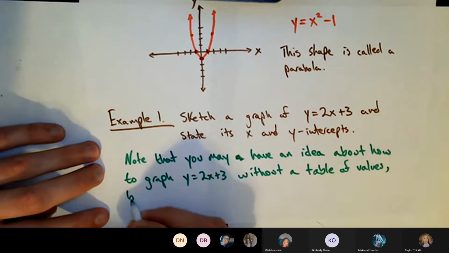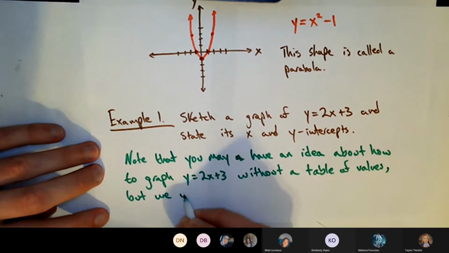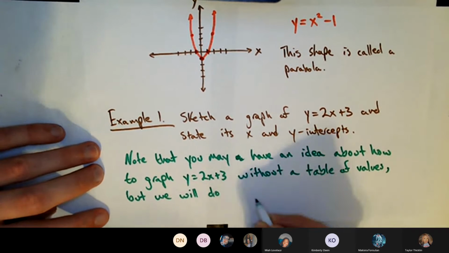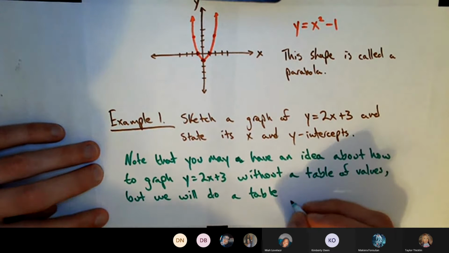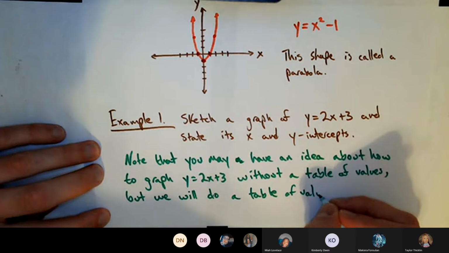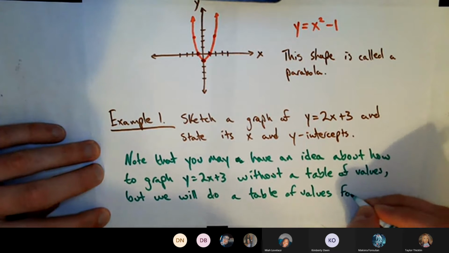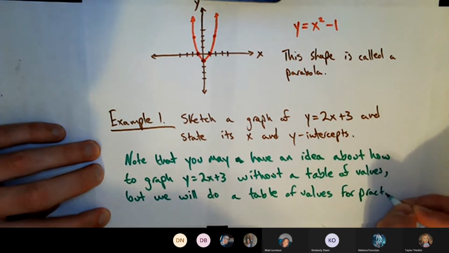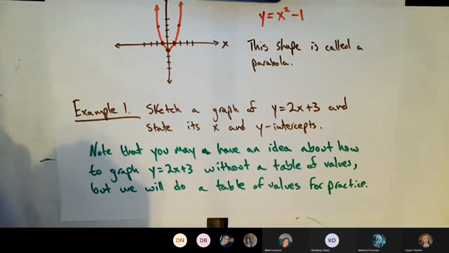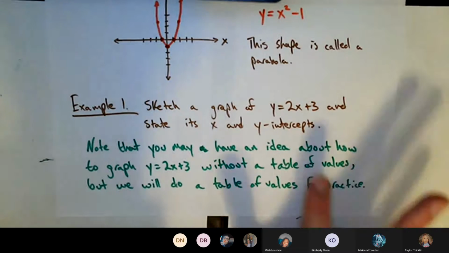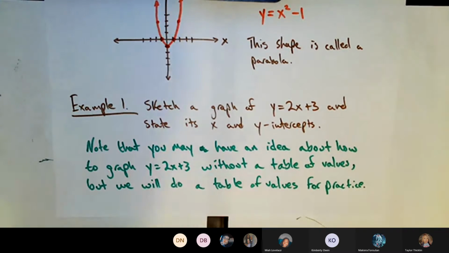But we will do a table of values for practice. And I will connect it back to the ideas that you may already have about this linear equation, about the slope and the y-intercept.